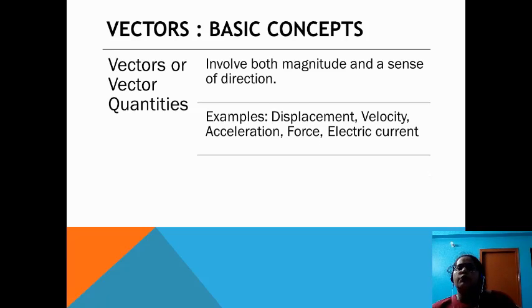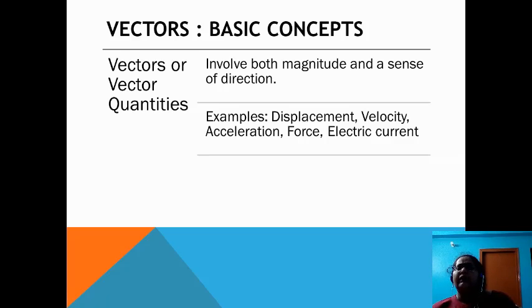Some of these I have cited here are displacement, velocity, acceleration, force, electric current. I think all these terms you have heard in mathematics or in your physics courses. So these are all vector quantities because not only a magnitude, direction is also associated with these.